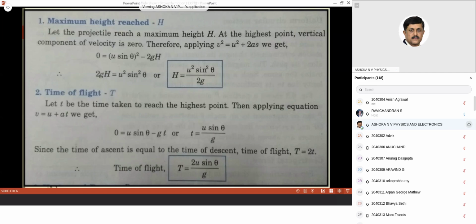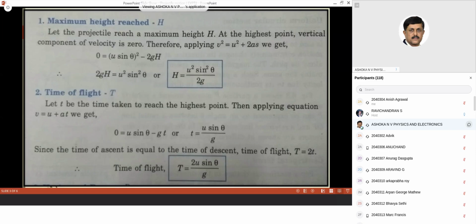You are familiar that time of ascent will be equal to time of descent. The particle which is moving in the upward direction until it reaches maximum height, that is what you call time of ascent. From that point to come back to the ground horizontal surface will take equal time. Both, time of ascent will be exactly equal to time of descent.